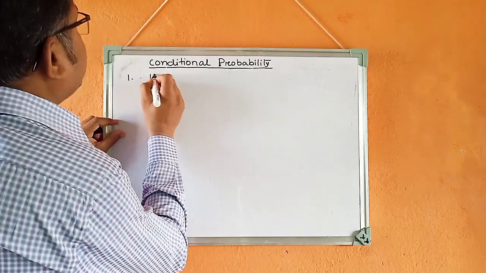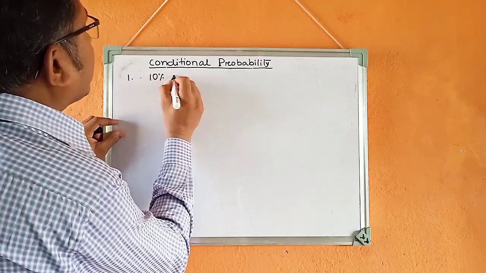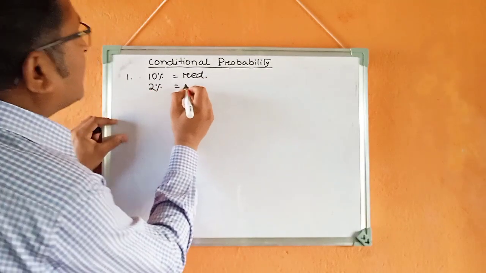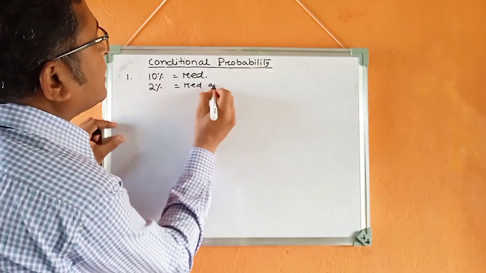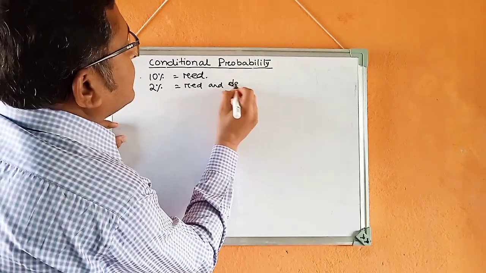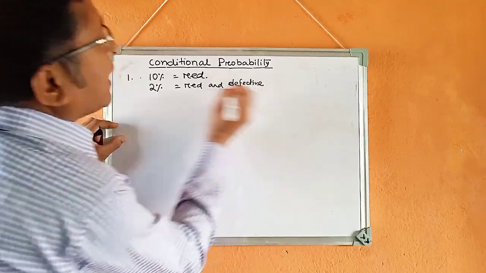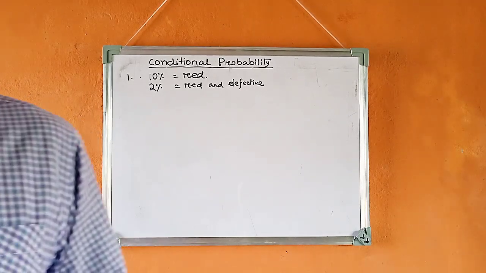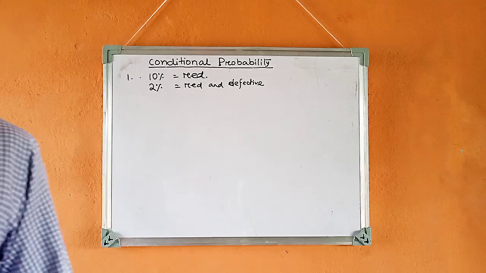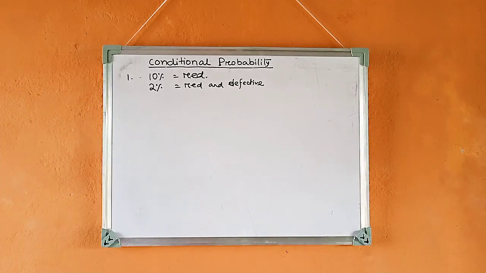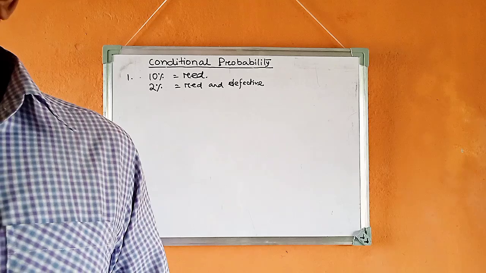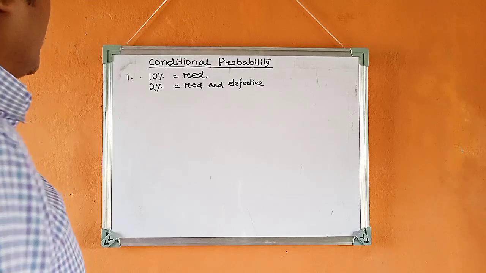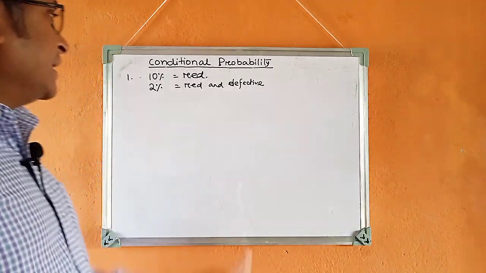If one bulb is picked up at random, determine the probability of its being defective if it is red. That means find the probability of a defective bulb given that it is red.